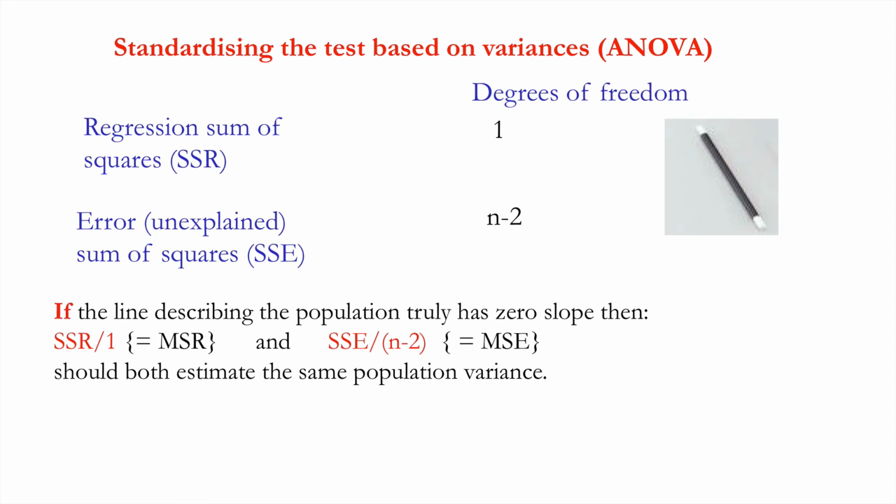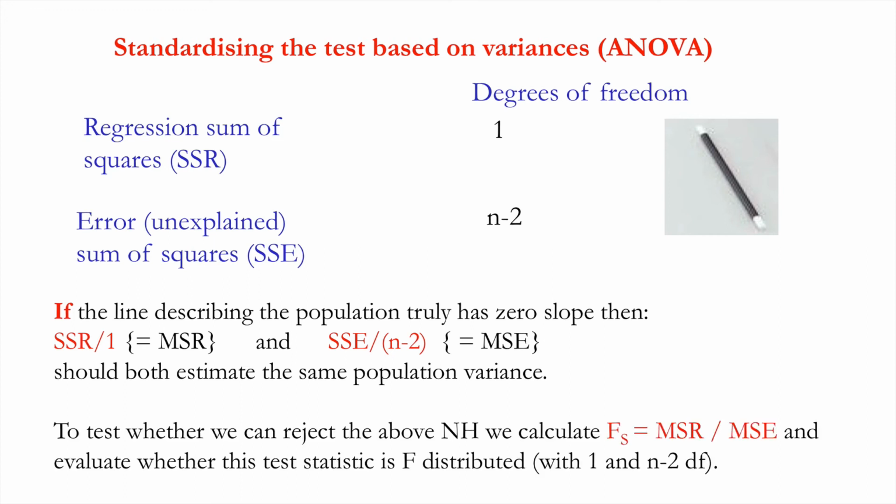This is the technical part. But in essence, we calculate two estimates of the variance, one based on the regression, one based on the error, and if the relationship between y and x is truly flat at population level, then they should be estimating pretty much the same thing, and so their ratio should follow an F distribution.